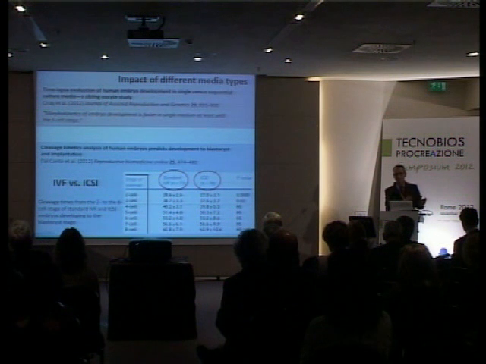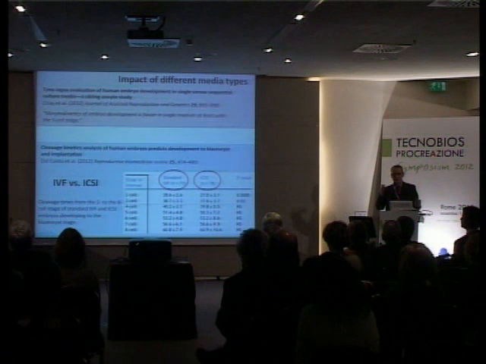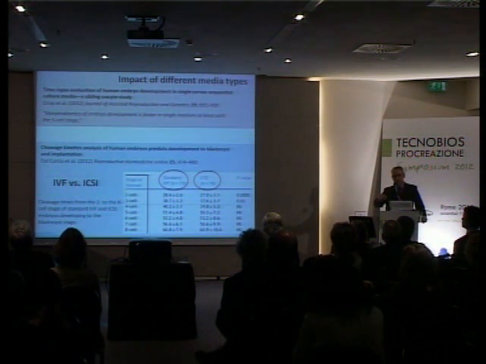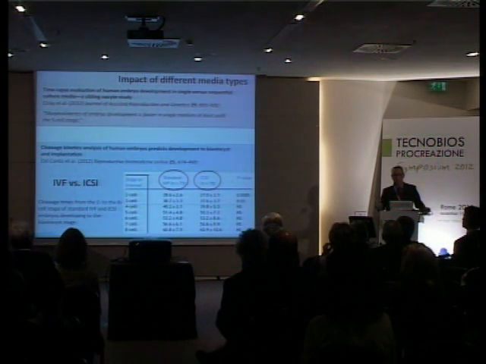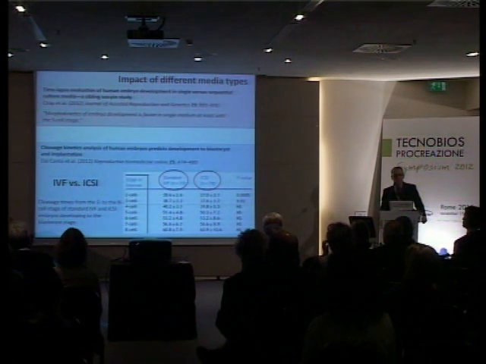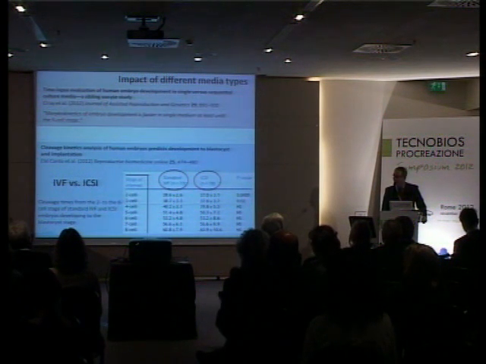So if you compare single medium versus sequential medium, you see a difference in the time at which the various phases of cleavage are achieved by the embryo. So this is an initial kind of bias if we were to compare, say, parameters between different laboratories.